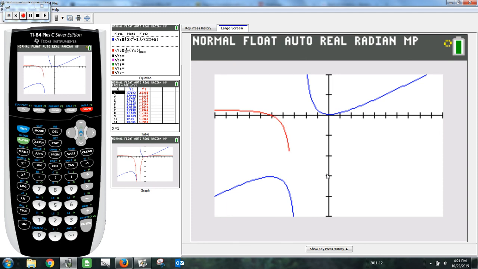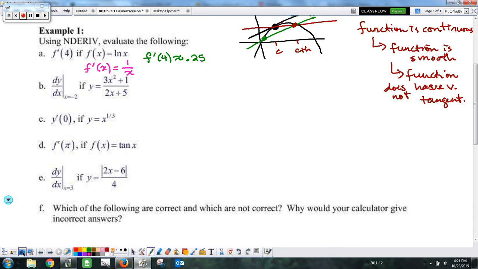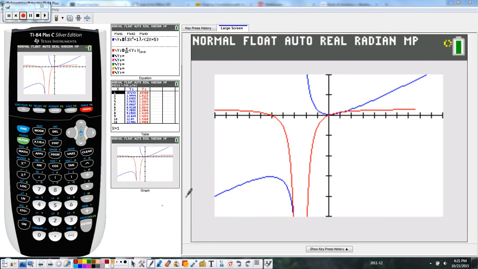Let's talk about each of our derivatives and why they look the way that they do. All right, the first thing to notice, and I'll do it in red since it's in red, right here we have an extrema. We have a horizontal tangent line here on the original function, and then here we have a 0 on my derivative. Same thing, right over here there's a horizontal tangent line, and there appears to be a 0 right there.